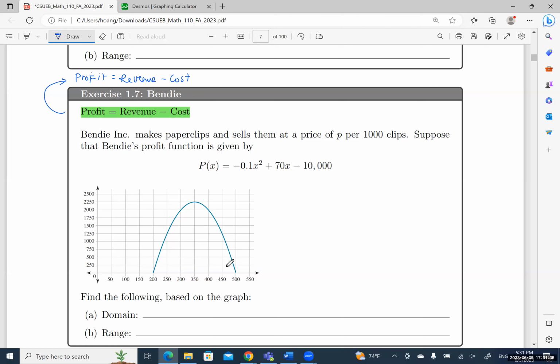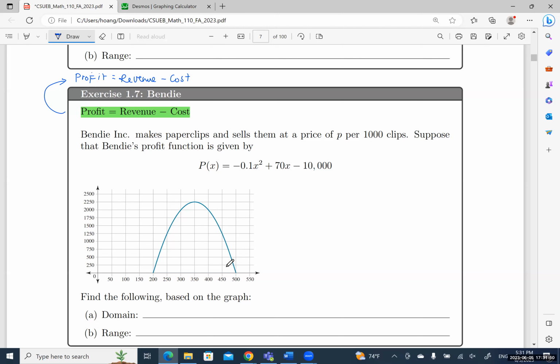To find the profit, you need the revenue, and then you subtract the cost that you incurred. Then you have the profit.